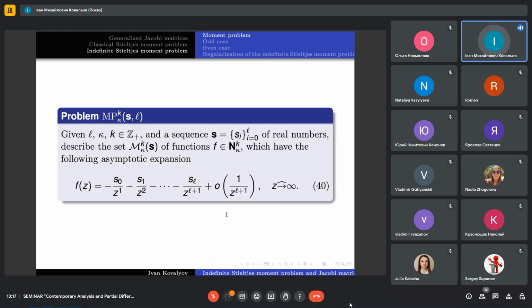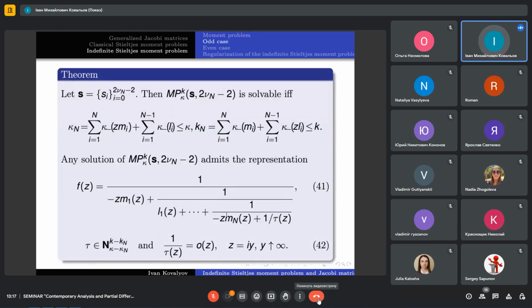So, and now we define our problem. Given l, kappa, and k, given a sequence S of real numbers, describe the set M of functions belonging to the class N_kappa^k which have the following asymptotic expansion.